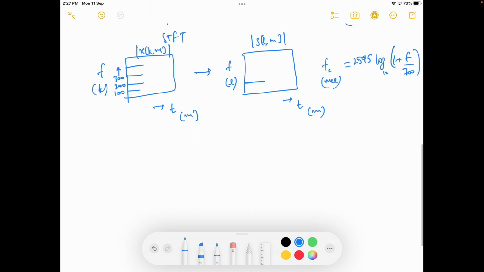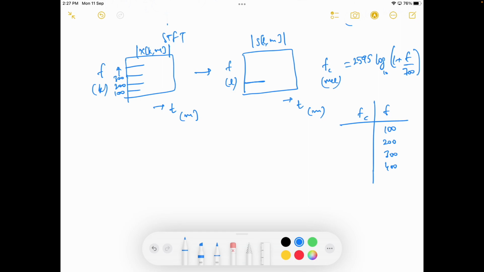So you can check. When my f is 100, where is the peak? log of 1 plus 100 upon 700, into 2595 something. Right, so can you calculate what is that value? Likewise, when f is 200, where is the value? When f is 300, when f is 400?